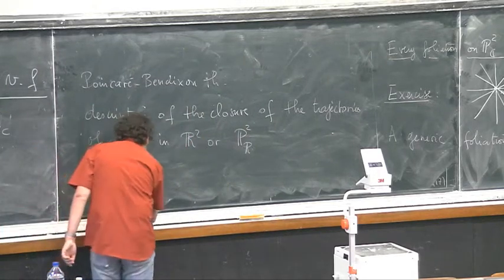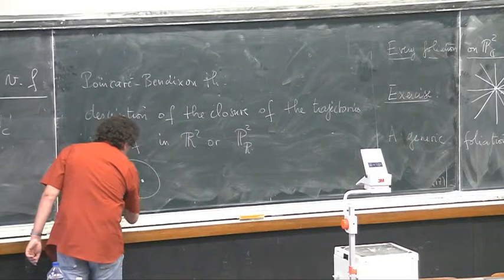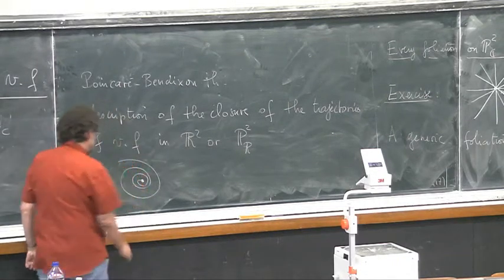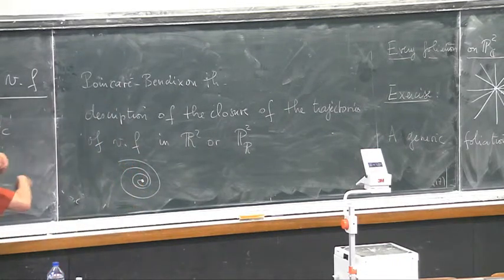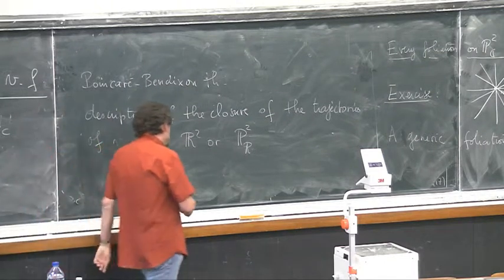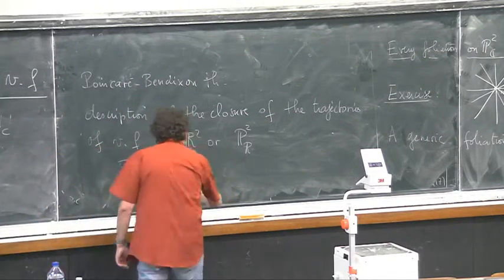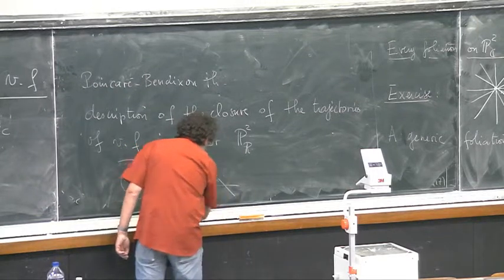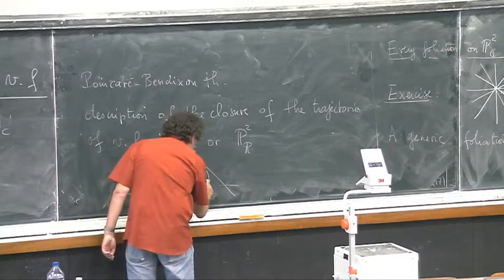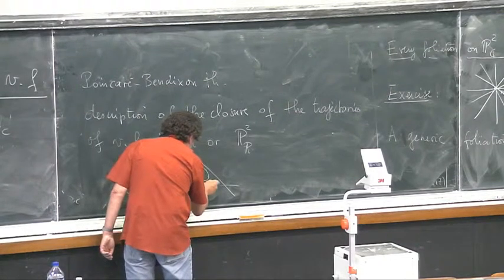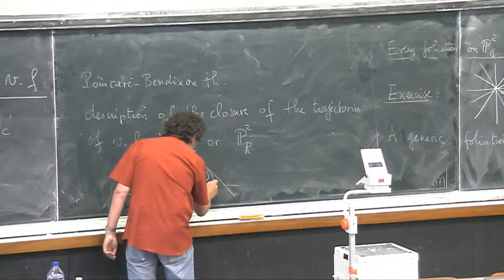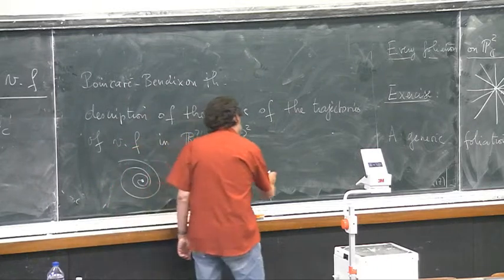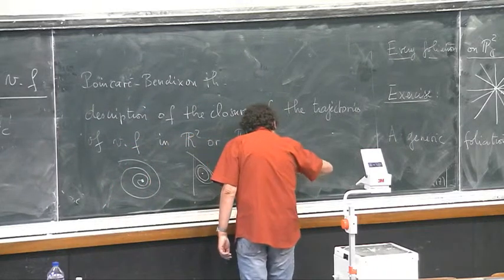Maybe you have singularities with trajectories which spiral like this. Maybe you have a picture like this, a compact leaf with singularities. Maybe you have a limit cycle.